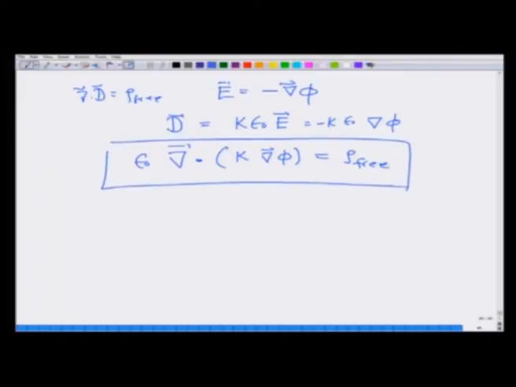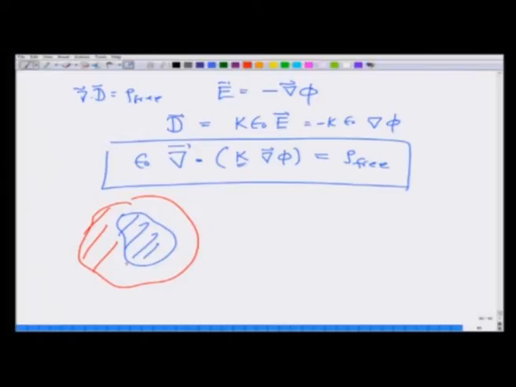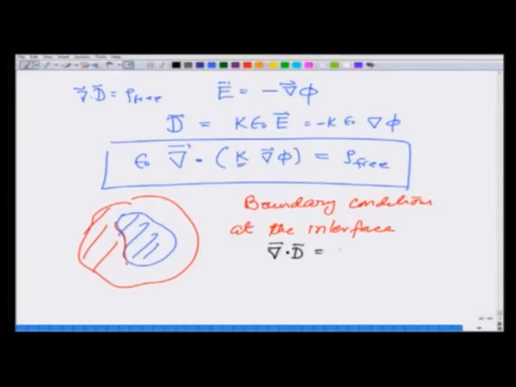And now, if I think of the whole thing as a dielectric medium, one medium here, maybe outside is a second medium, k is changing. What do I do at the interface or the boundary? So, the third thing I need is boundary conditions at the interface. And these are easy to derive from divergence of D equals rho free.